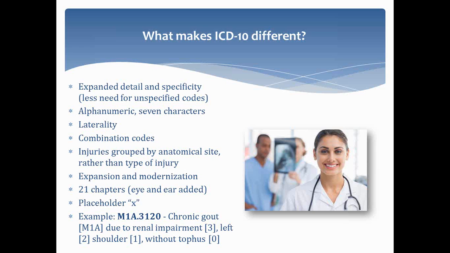Instead of just the numbers 0 through 9 in one space, we can do 0 through 9 plus A through Z, except for U. We don't use the letter U, or maybe it's V. But regardless, there's a lot more codes to choose from. Plus, they're up to 7 characters instead of 5. So there's a lot more detail that can go into these codes because of this new structure. And we need to get used to looking at these codes and seeing what they look like.